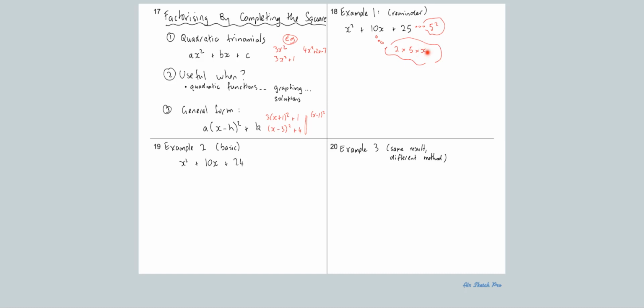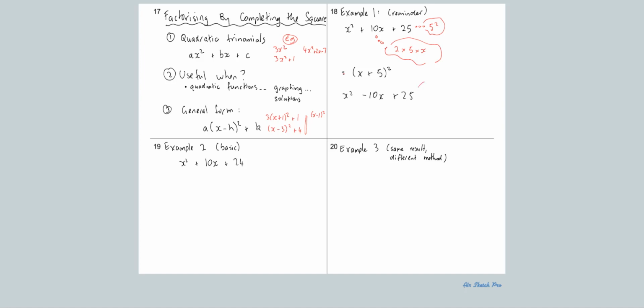So we have an x here from the x squared, we have the 5 here from the 5 squared, and we have double it in the middle as well. So it fits the pattern of a perfect square. So that is equal to x plus 5, all squared.